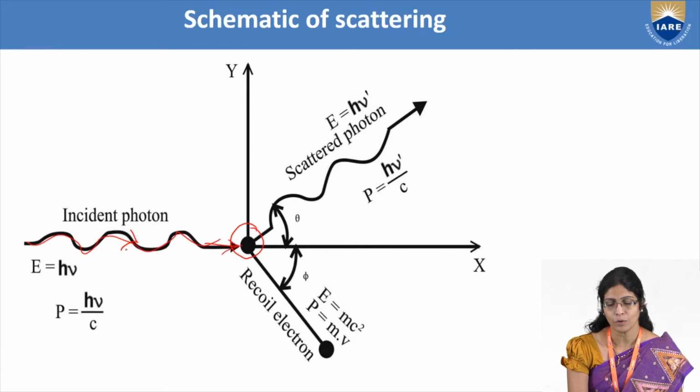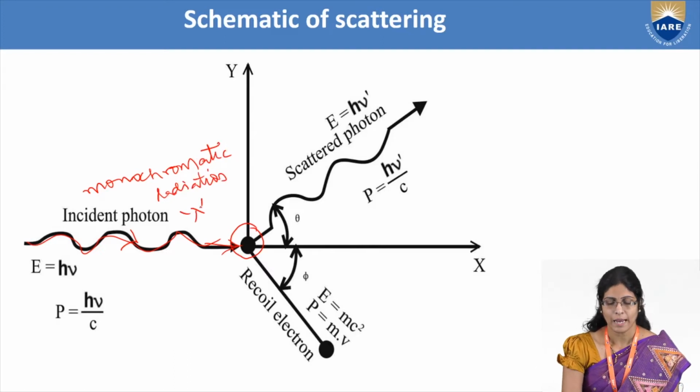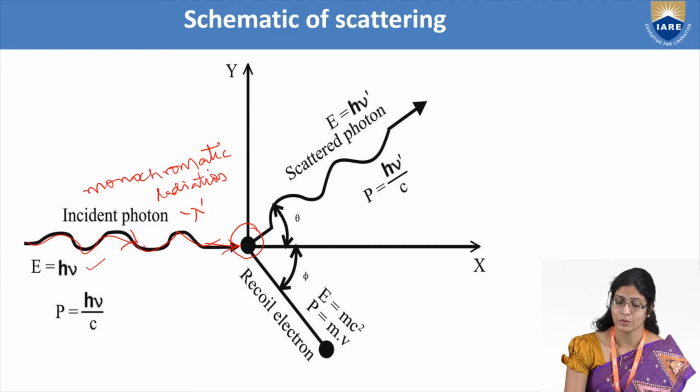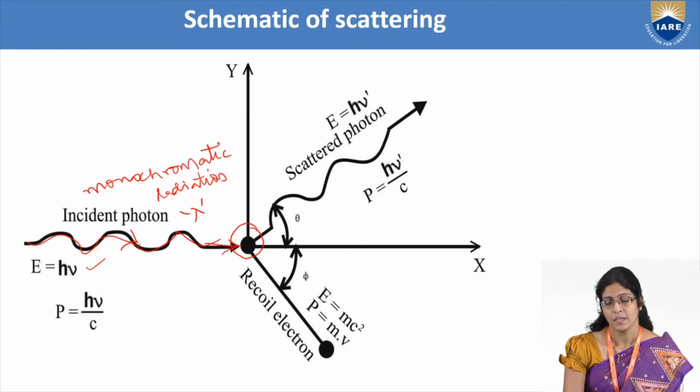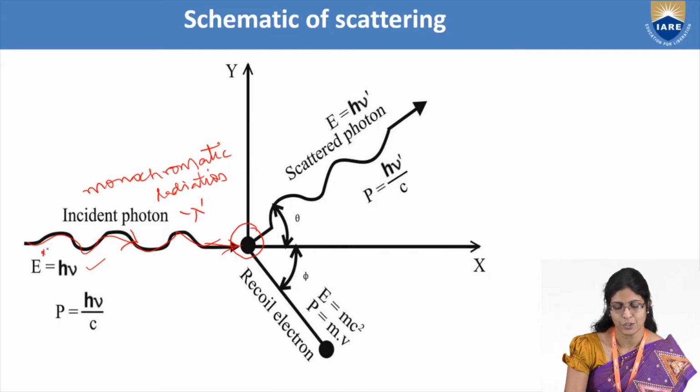This is an incident photon of monochromatic radiation, so it has one wavelength lambda, and obviously E is equal to h nu, as we already know. Now what will happen to this electron and to this photon? This photon has an initial energy E is equal to h nu.